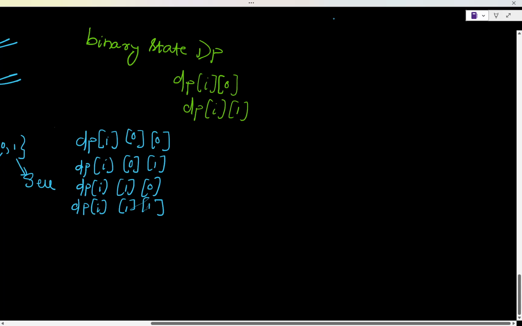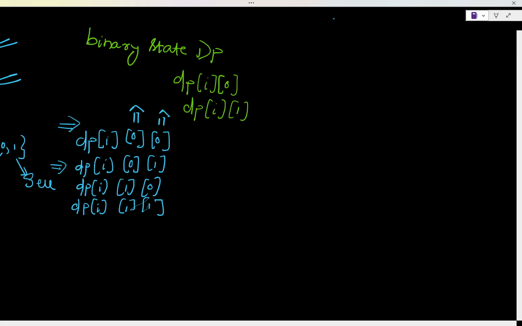What does this signify? At the ith index, if I am doing the first transaction and it is a buy type of transaction, what am I going to do? Similarly, at the ith index, if it is the first transaction and it is a sell type of transaction, what am I going to do? And so on and so forth.